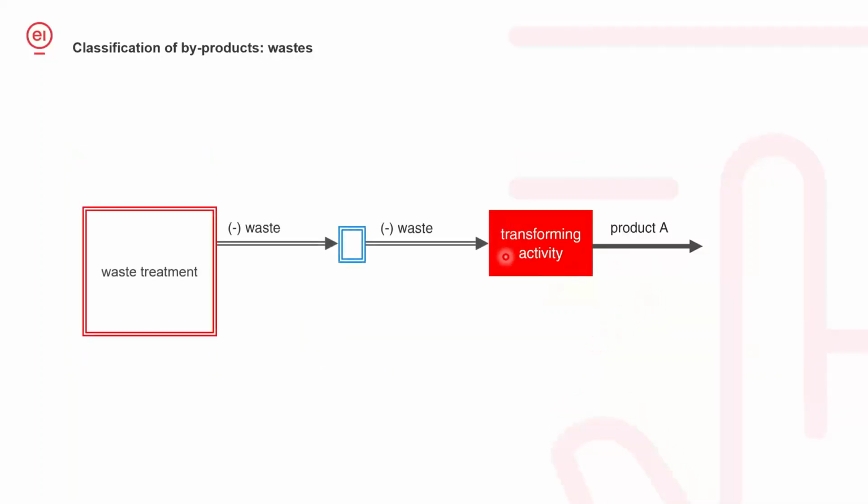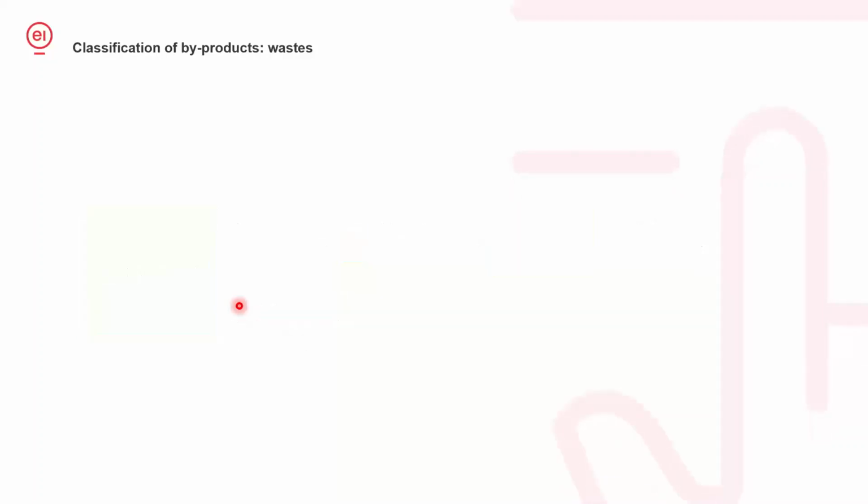In the case of waste, the activity producing the waste bears the burdens of treating the waste. And any valuable product that comes out of this supply chain, out of the treatment activity, comes out burden-free. So the point of cutoff, the point beyond which we do not have any more burdens, is after the waste treatment.